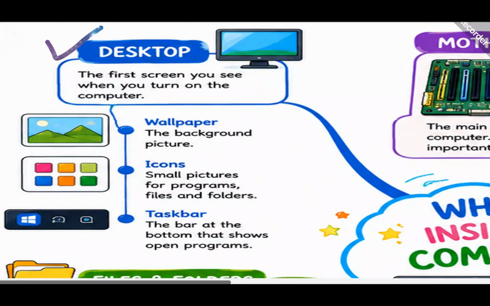First one is wallpaper, the background picture you see when you turn on the computer. The second one is icons, the small pictures for programs, files and folders. Like when you open MS Paint or MS PowerPoint, you see a small icon on your desktop. That small picture is called an icon.